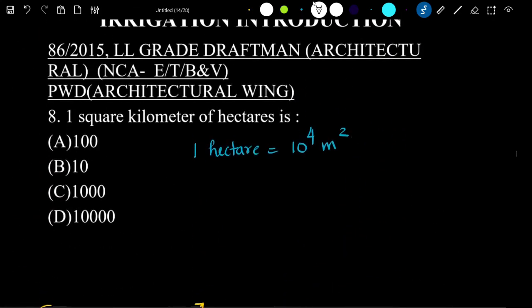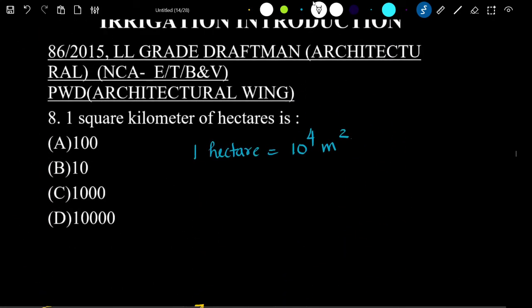So 1 kilometer square is equal to 100 hectares.